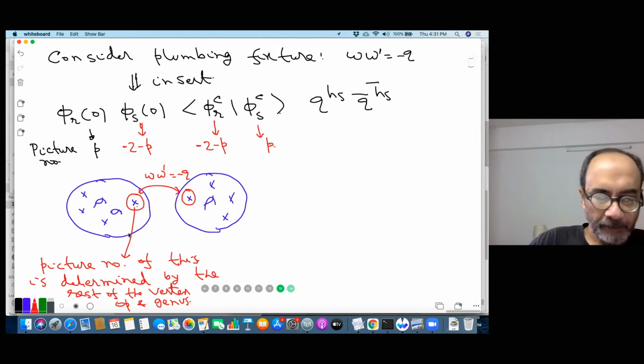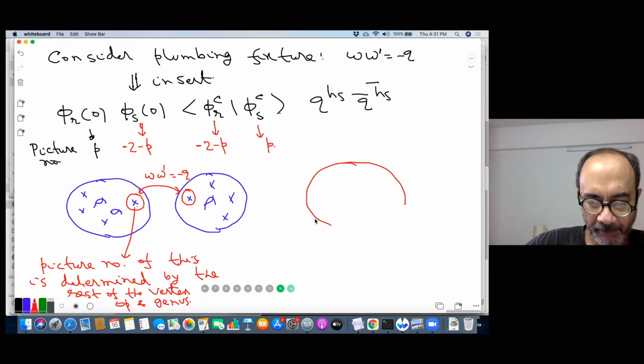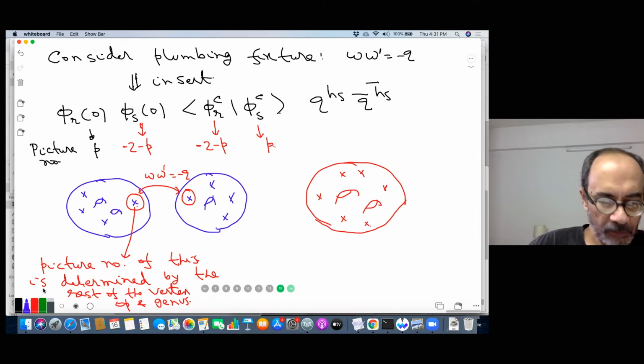But the more interesting case is the one where you show two punctures on the same Riemann surface. So now suppose that we have this.